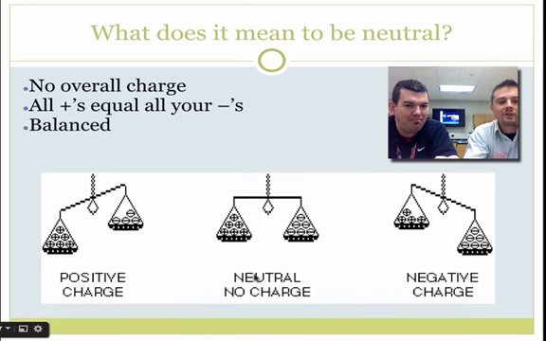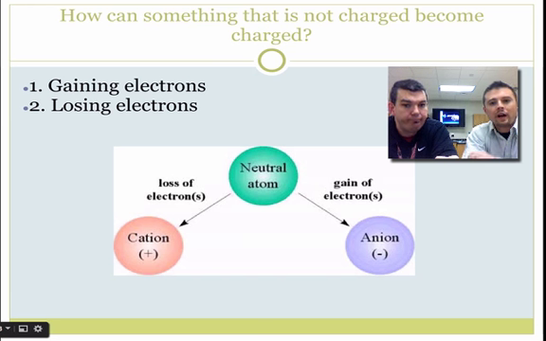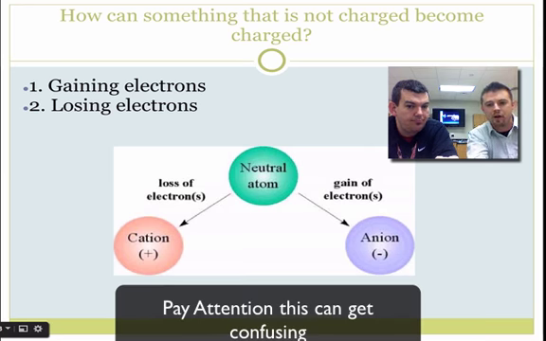All right. So what does it mean to be neutral? It means that there's no overall charge. All the pluses equal all your minuses. That's right, balanced. So you have an overall net charge of 0. So whenever something is charged, what's happening is they are gaining or losing electrons. And this is an extremely difficult concept for 6th graders. When you gain an electron, since electrons are negative, you get a negative charge.